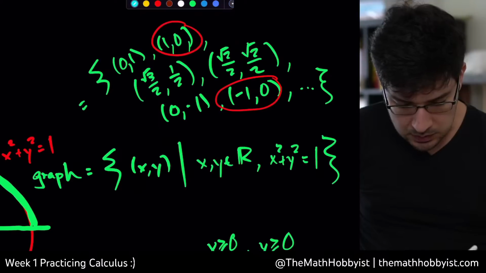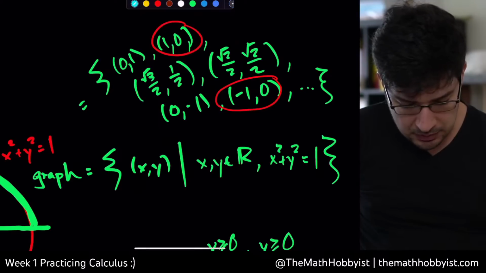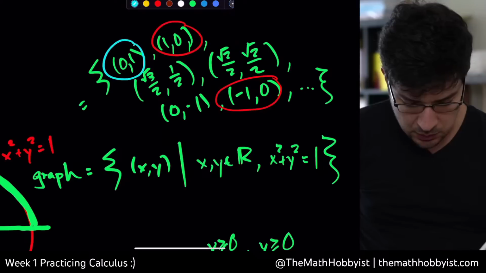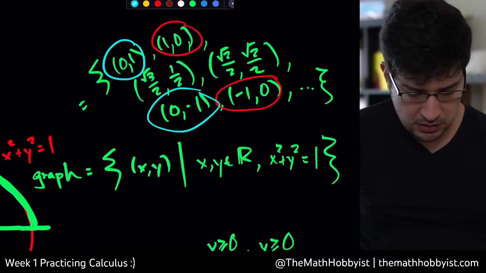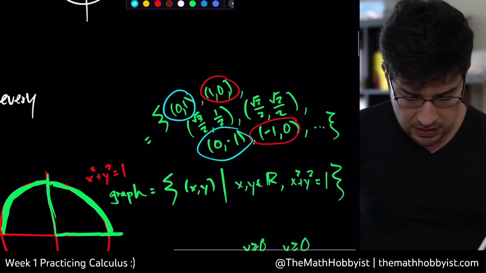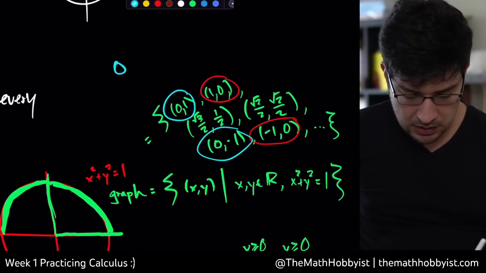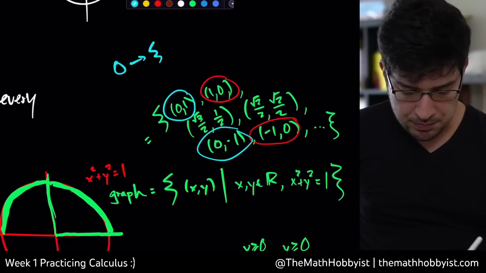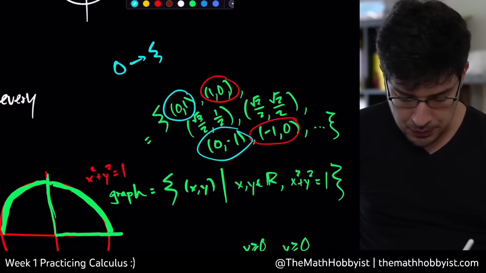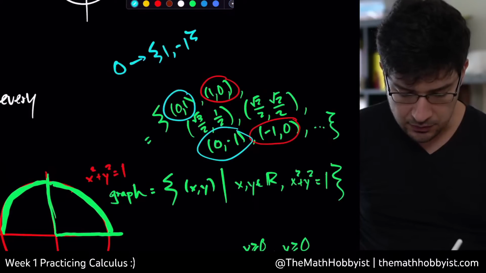Why don't we do, I don't know, cyan. It's still not great, but 0, 1 and 0, -1. We can see that the number 0, in some sense, would map to both 1 and -1.